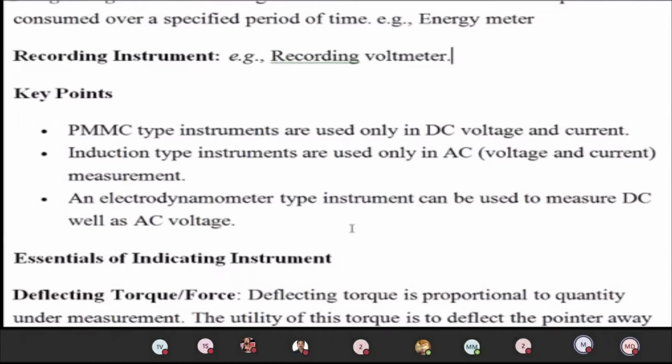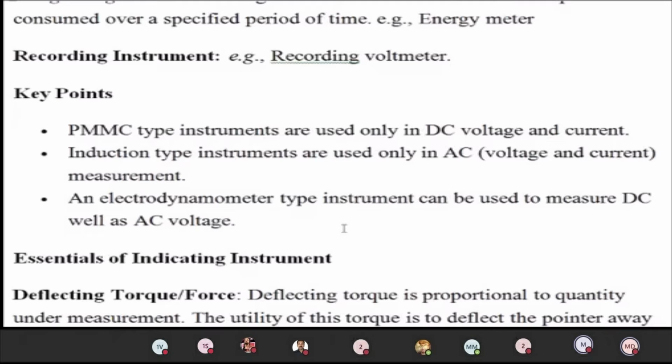And a few more key points from the exam point of view we have to keep in mind. Permanent magnet moving coil type instruments are used only in DC voltage and current. So please keep this in mind. You may expect this type of question, very rare. Induction type instruments are used only in AC.